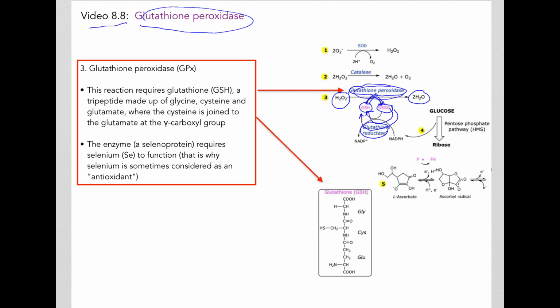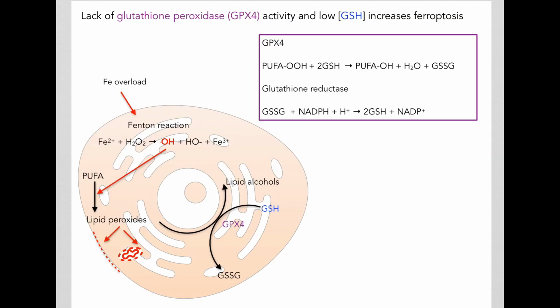So besides converting hydrogen peroxide to water, glutathione peroxidase also will convert the lipid peroxides into lipid alcohols.